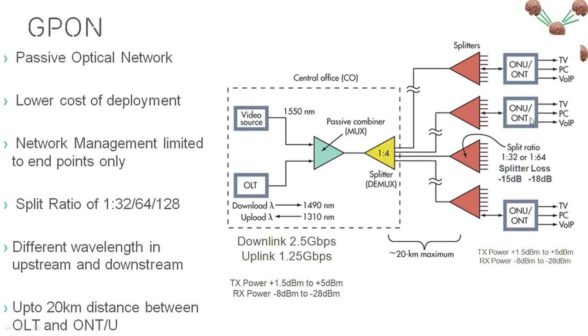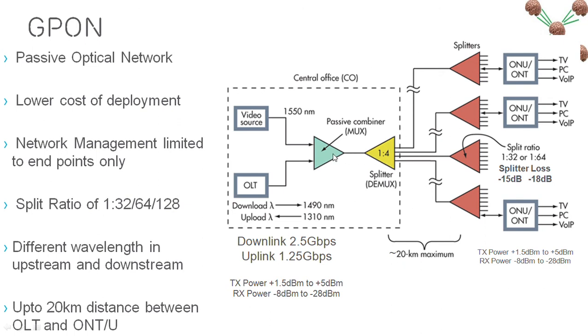Some ONTs support a normal phone as well. They convert it to IP within the ONT itself. So you have triple play services on the ONT, and from ONT to the OLT, this is all passive network. There is no power being used here.